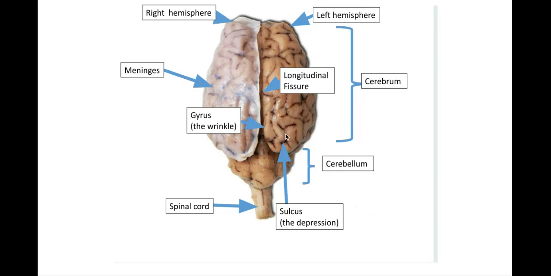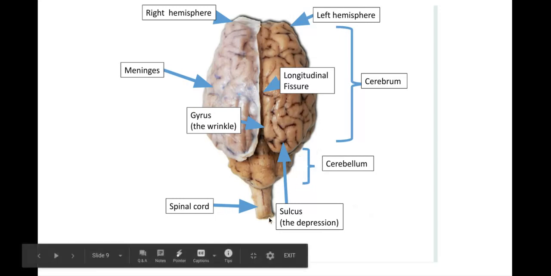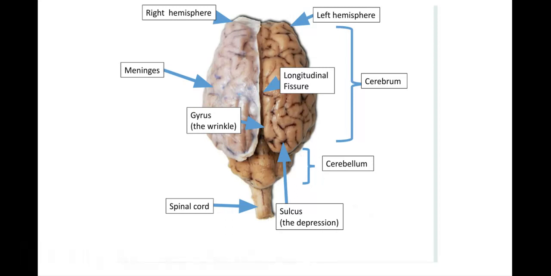And so then the little cavity, the little tunnel, the depression part between the gyrus is called the sulci or sulcus. Again, this big part here is your cerebrum, and this little part underneath is the cerebellum. And then we've got our spinal cord leading out of the brain into our vertebral column, and then the nerves would go out into the body.